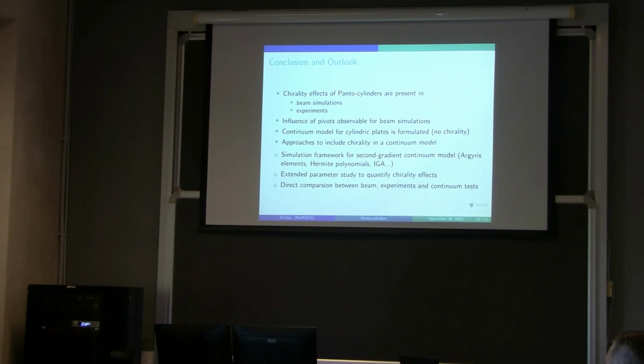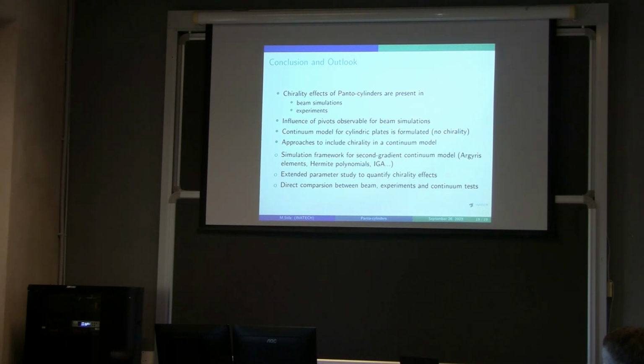What is still open is the choice of a framework for this second gradient continuum. Depending on which model I will use, I have to decide on discretization. Lagrange elements I can only use for 2D. If I want to do it 3D, I have to use Hermite polynomials, IGA, or maybe a mixed formulation.